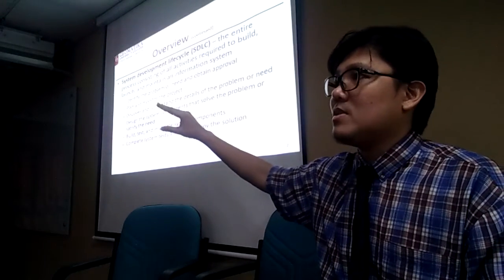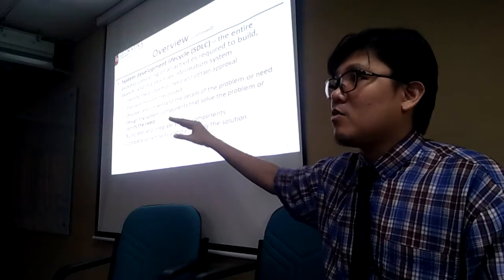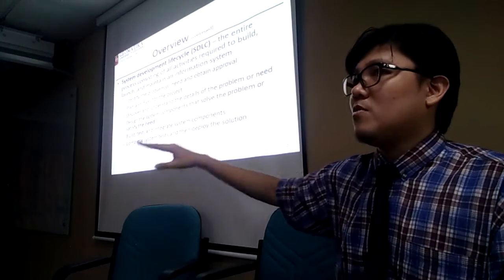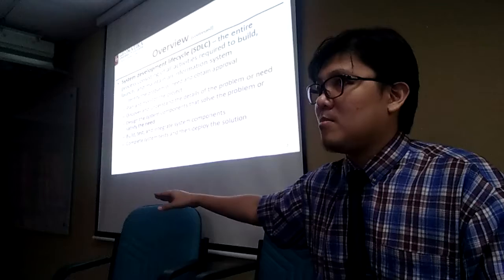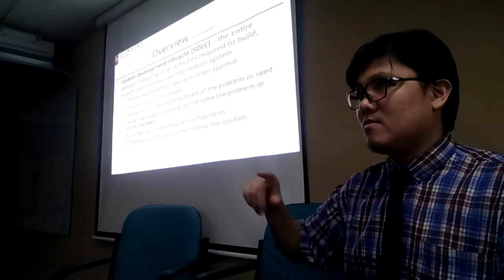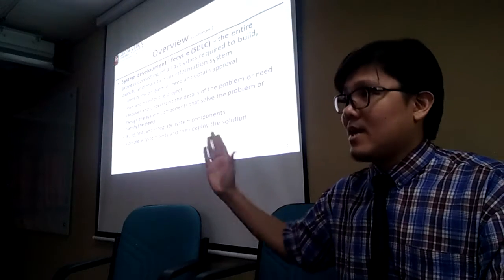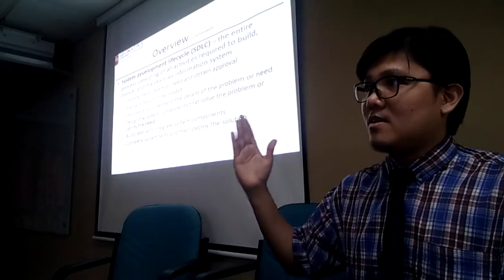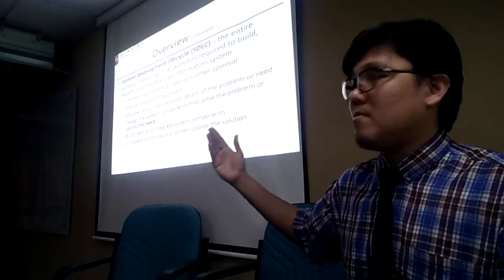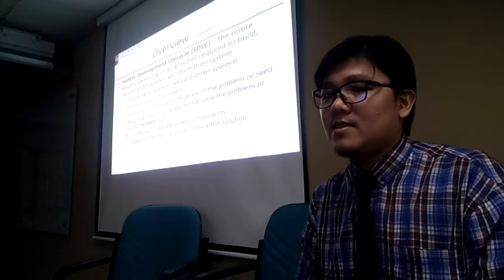Let's say we start with the phase of requirement analysis, followed by system development and so on. So the Gantt chart contains the timelines in order for us to plan and monitor the project.